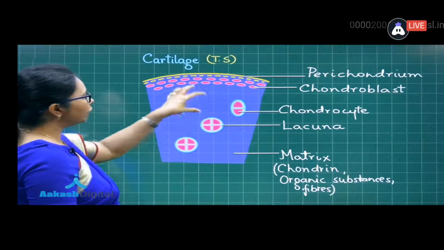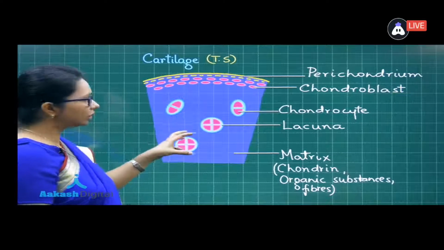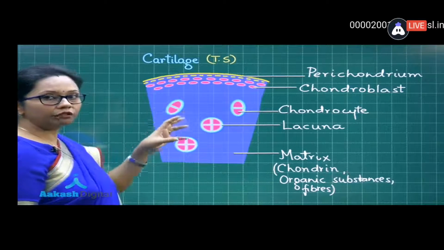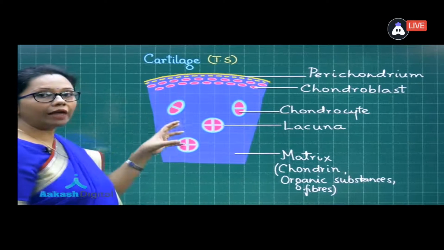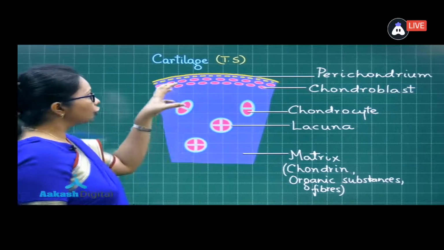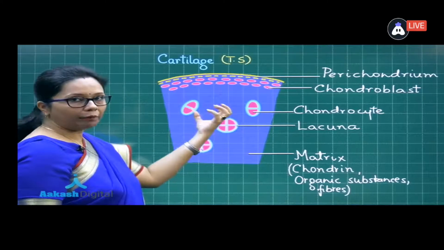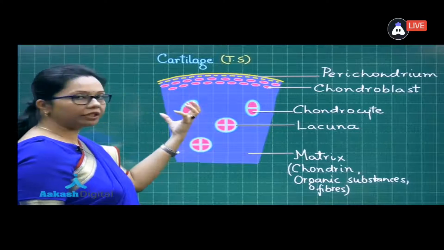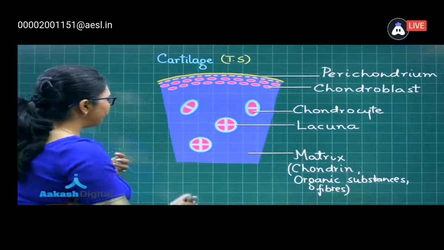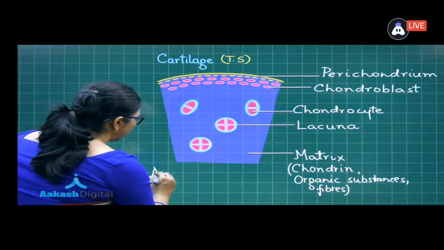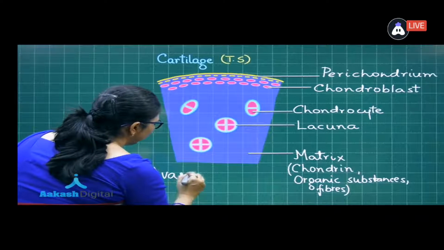Now within this matrix, as we said, there are fibers present, but there is certainly something which is totally absent, and that is the capillaries. So within the matrix there are no capillaries at all. So in other words, we can say cartilage is avascular tissue.